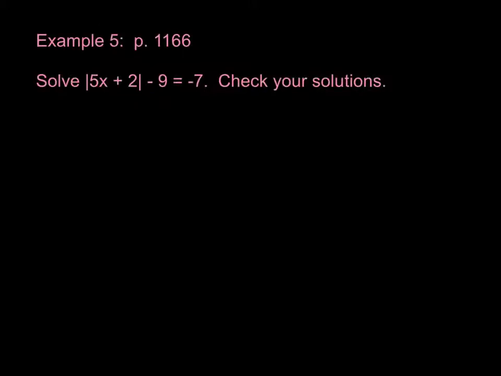Example 5 on page 1166 says solve the absolute value of 5x plus 2 minus 9 equals negative 7. Check your solutions. The first thing we need to do is get the absolute value part by itself. So in order to do that, we're going to add the 9 to both sides. So we have absolute value of 5x plus 2 equals 2.